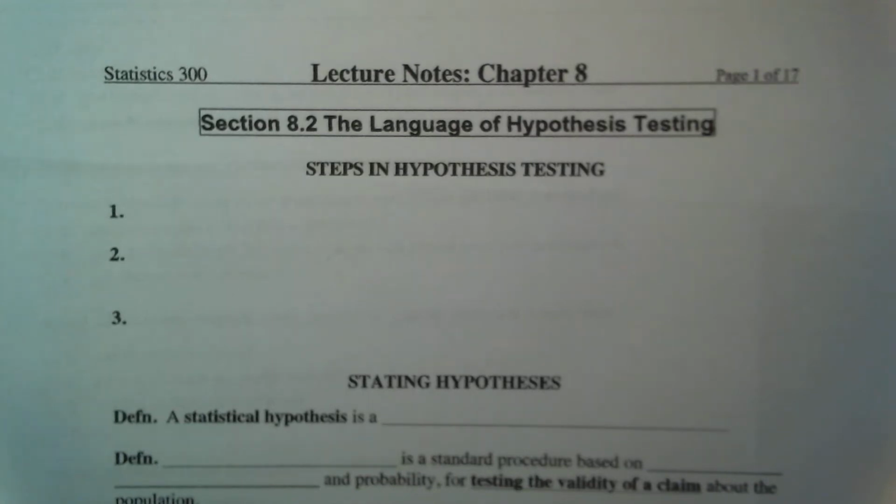Briefly, a hypothesis is simply a claim or a statement about a property of a population, and a hypothesis test, or test of significance, is a procedure for testing a claim about a property of a population. We'll have more specific definitions in just a moment.